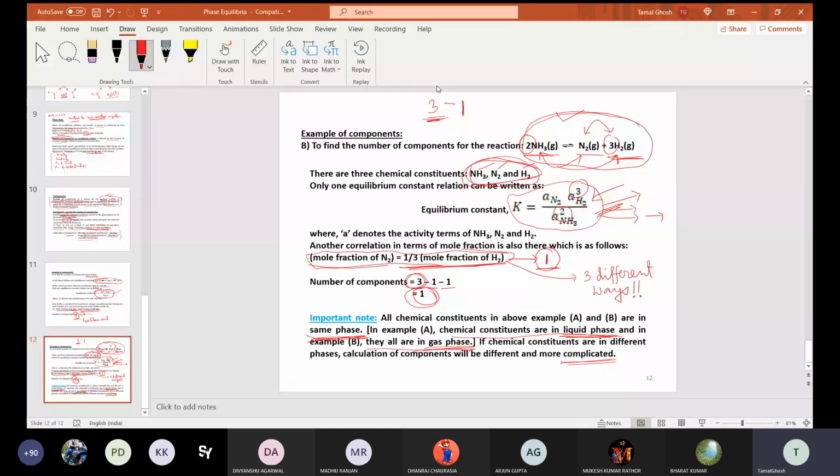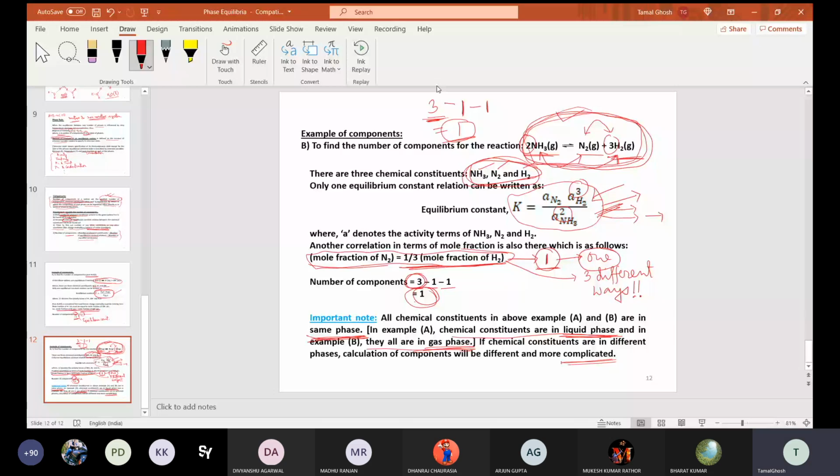But whichever way you write, it is basically coming from the same equilibrium. So it can be written in 3 ways, but it is actually one correlation we are getting from this mole fraction condition. So -1 will be coming here again, and the component value is 1 here.